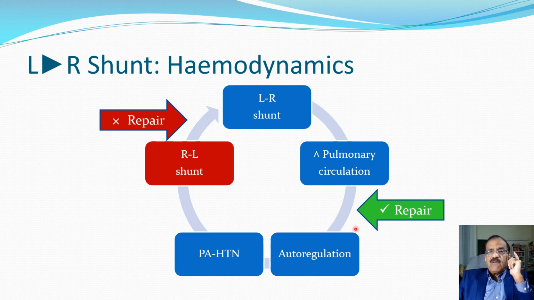So I think it would be then the role of echo and Doppler, which can see that the pulmonary hypertension is developing. You might not operate on those who are absolutely asymptomatic and pulmonary pressure is normal. But those who are becoming symptomatic, their physical capacity is reducing, and there is evidence of pulmonary hypertension, they should be operated as early as possible.